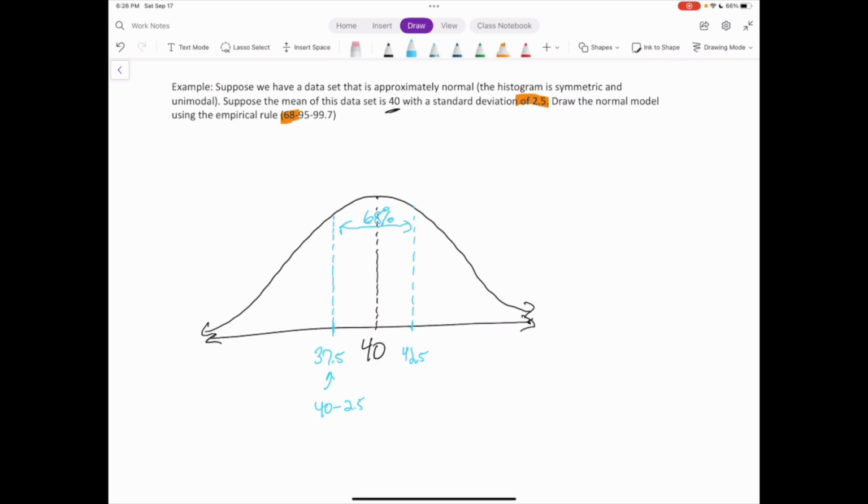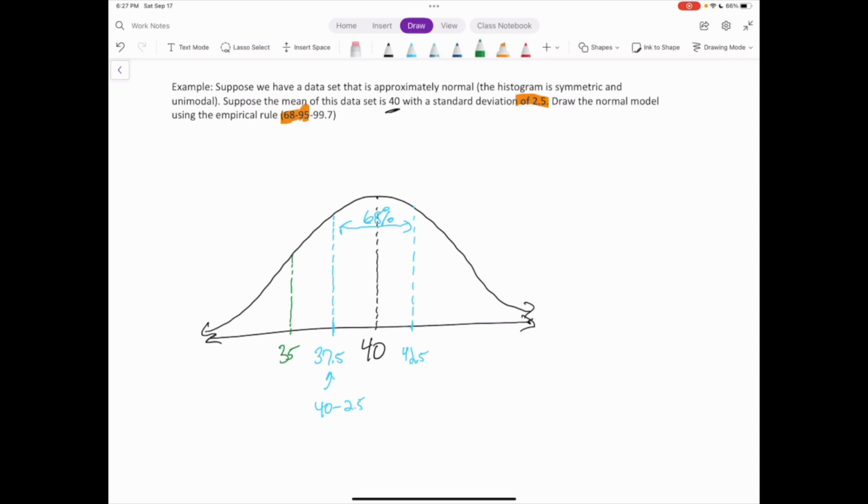Now, let's do it for 95%. 95% says you need to go 2 standard deviations to the left and right of the mean. Either I can say 2.5 times 2, which is 5, and do 40 minus 5, or I could just simply take another 2.5 away from my 37.5. Whichever way you look at it, this value right here should be a 35.